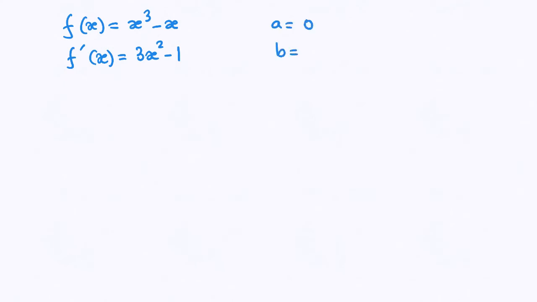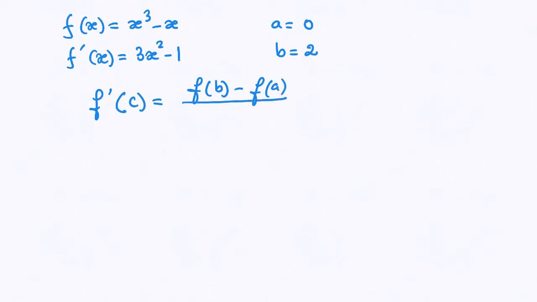So f of x is x cubed minus x, therefore its derivative is 3x squared minus 1. a is 0, b is equal to 2. So we are looking for a number c which satisfies this equation, f of b minus f of a over b minus a.